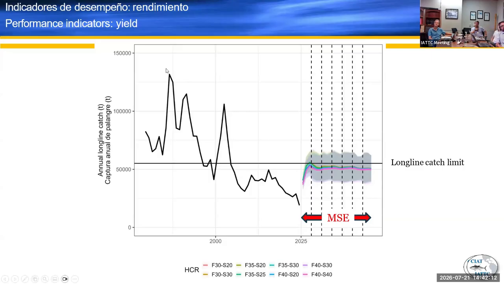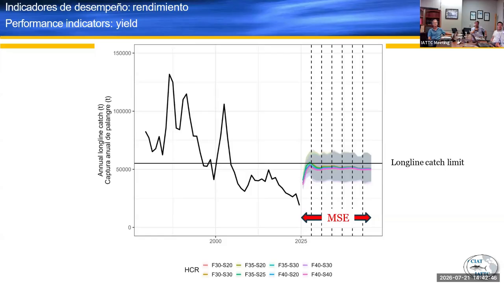And so you can see that the catch of longline was very high in the 1990s, and it declined as the population declined and the effort reduced. But because of the high recruitment and the reduction in fishing mortality caused by the IVT, the population is going to be rebuilding very quickly, and the catch in the longline fisheries is also going to increase very rapidly.